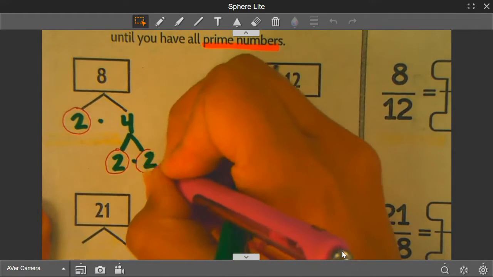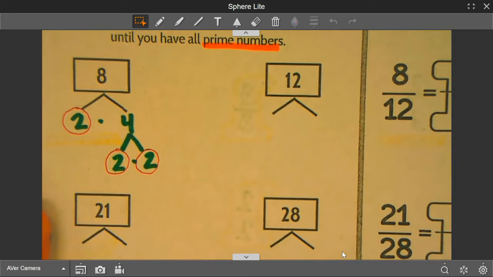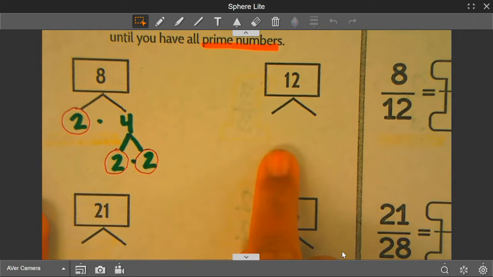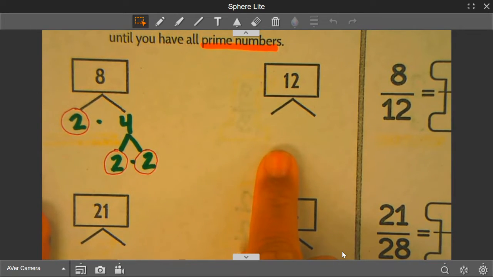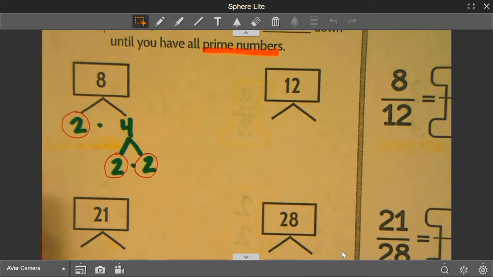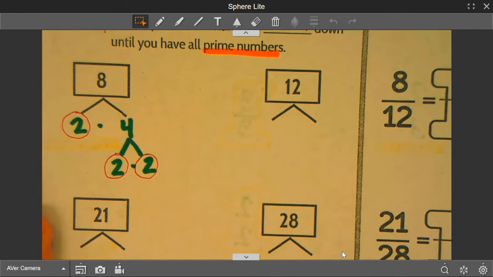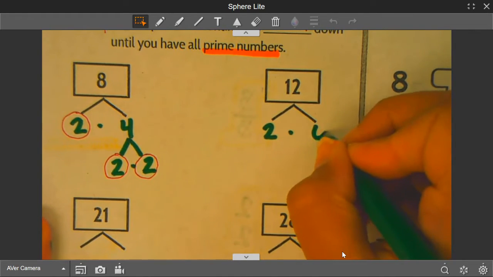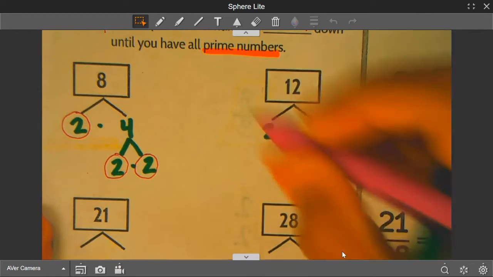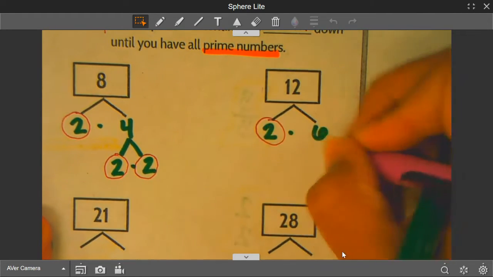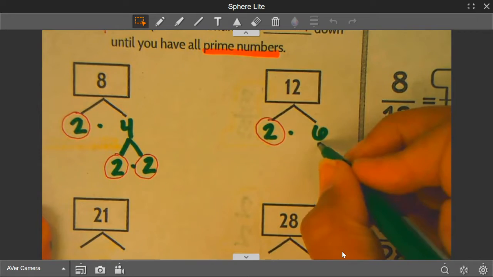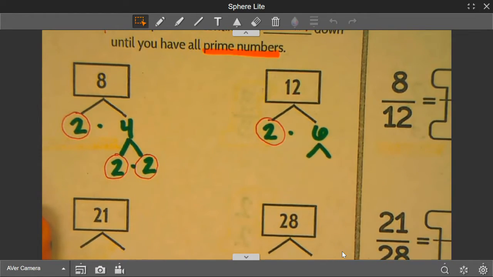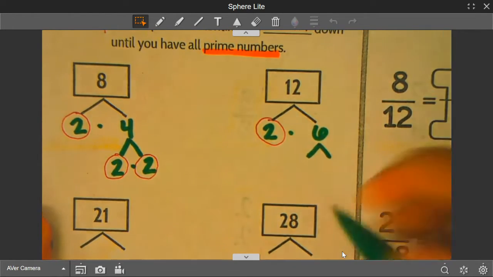Prime and prime. Okay, now let's break down 12. Give me any factor pairs. All right, let's use 2 times 6. So 2's prime. 6 is composite, so let's break that down further. Yep, that's right. 2 times 3.